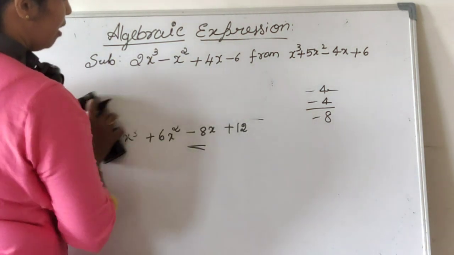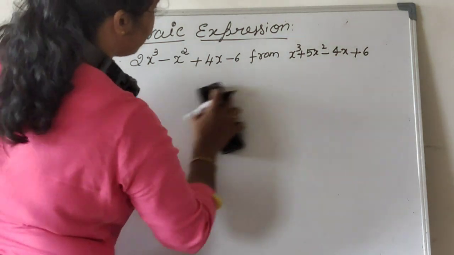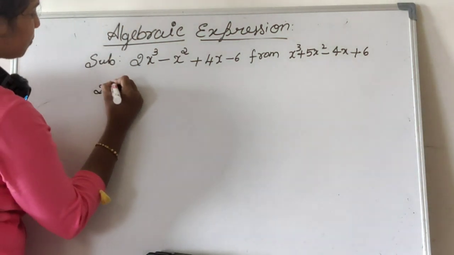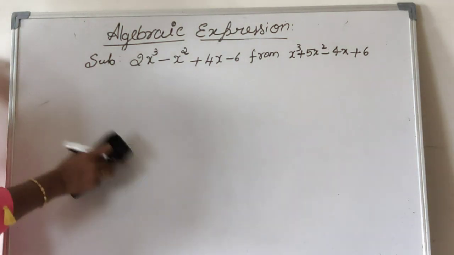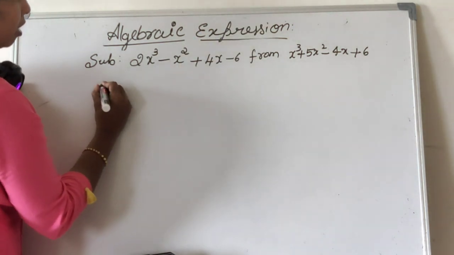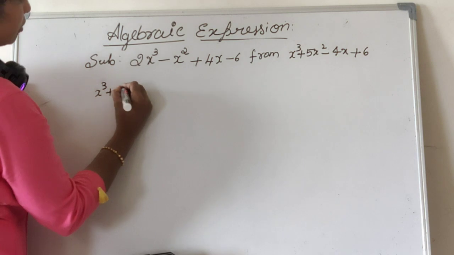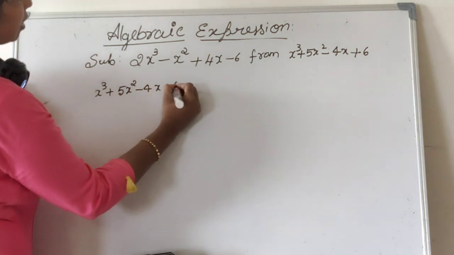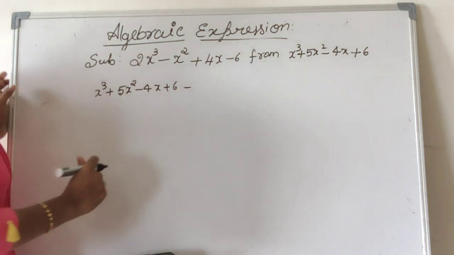One more method I will tell. That is also easy, but you have to be careful. 2x cube, this also. From is that, we have to write those numbers: x cube plus 5x square minus 4x. See, subtraction minus.